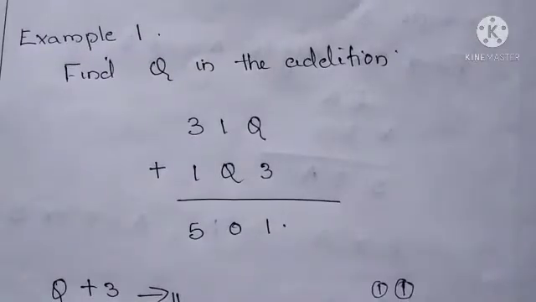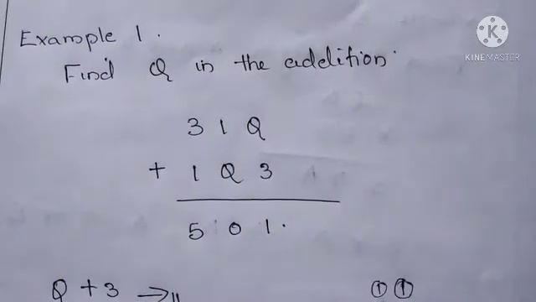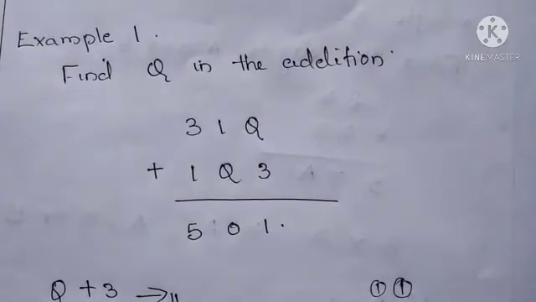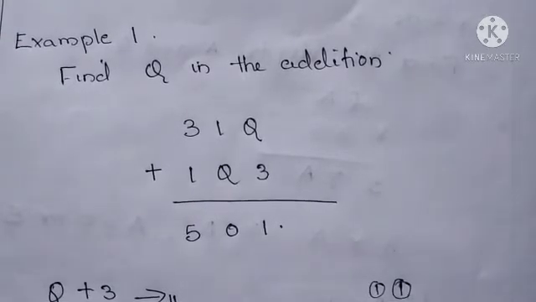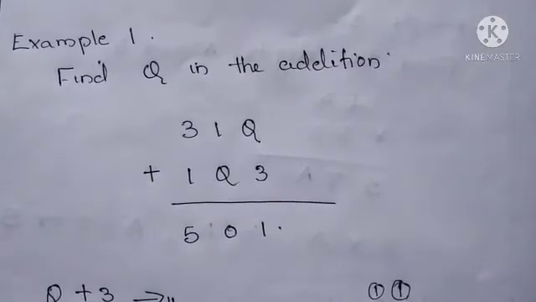We can do an example. Find Q in the addition. Here one addition is given, but instead of 1 digit there is a letter. We want to solve for that letter. 31Q plus 1Q3 gets 501.